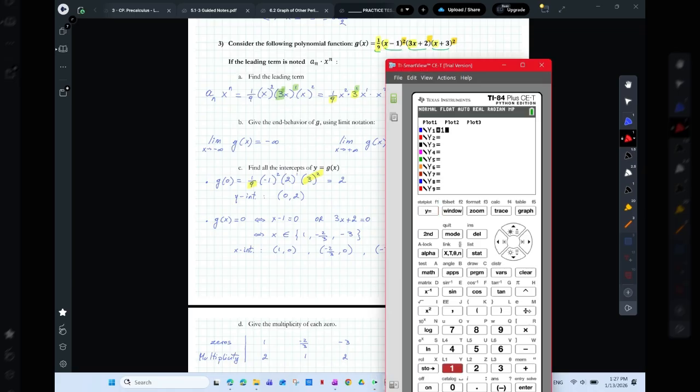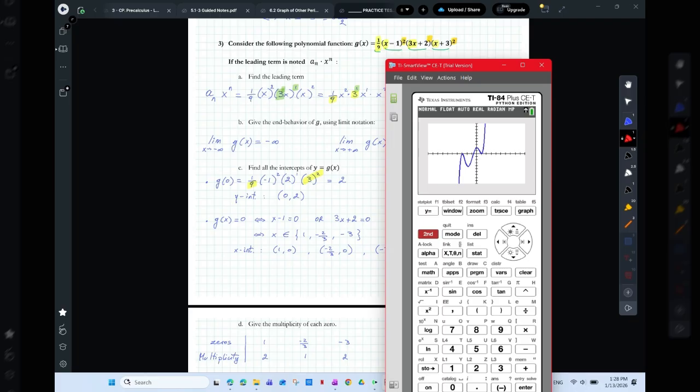So 1/9 times (x minus 1) squared times (3x plus 2) times (x plus 3) squared. If I graph it, I have something like this. And I want to find this minimum here and this maximum right there, which is awfully close to the y-intercept anyway. So let me start with this minimum here.